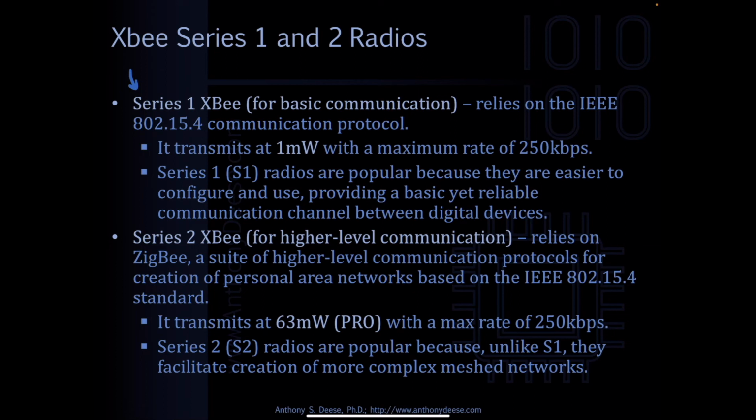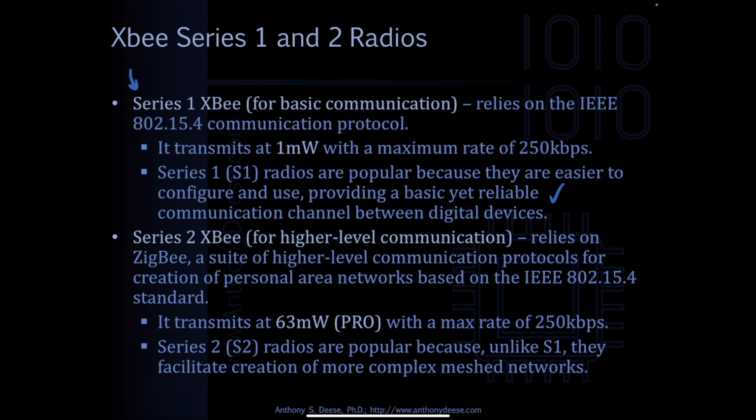The Series 1 radios are popular because they are easy to configure and use, and they provide a basic yet reliable communication channel between two digital devices. If this is what your project calls for, you definitely want to go with the easiest solution. Although it's not going to fit the bill for most of the more modern, more robust types of cyber-physical systems and IoT projects.